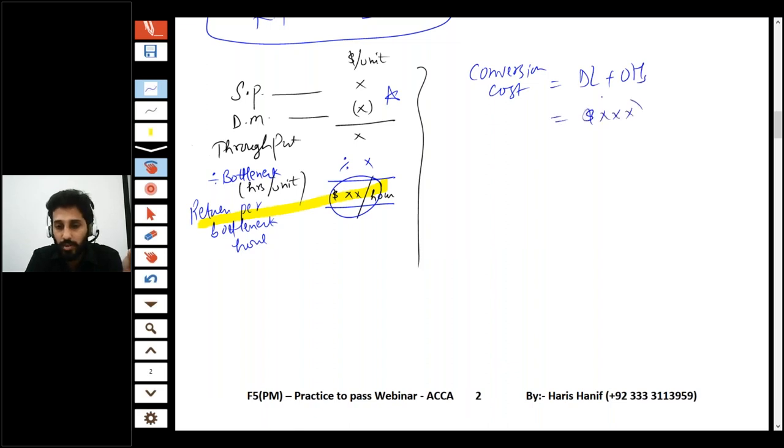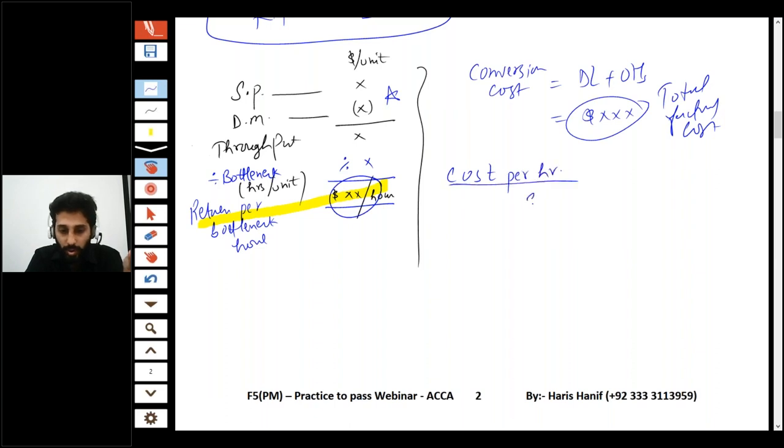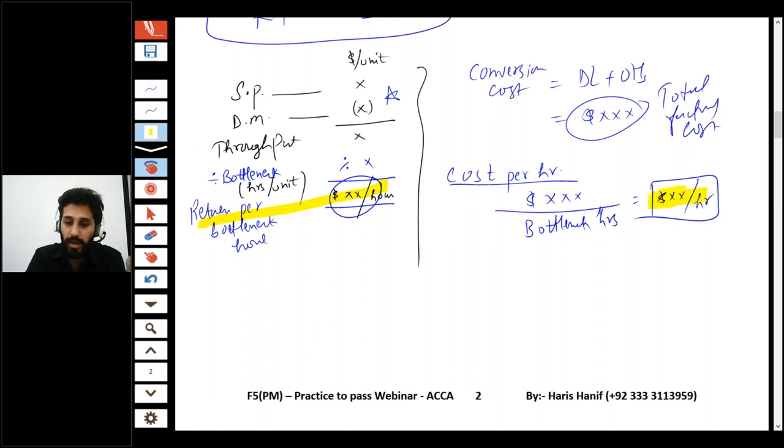That would be the total factory cost. So you need cost per hour. You would take total factory cost divided by total bottleneck hours. So number one is return per hour, and you have to place your focus on the bottleneck resource.